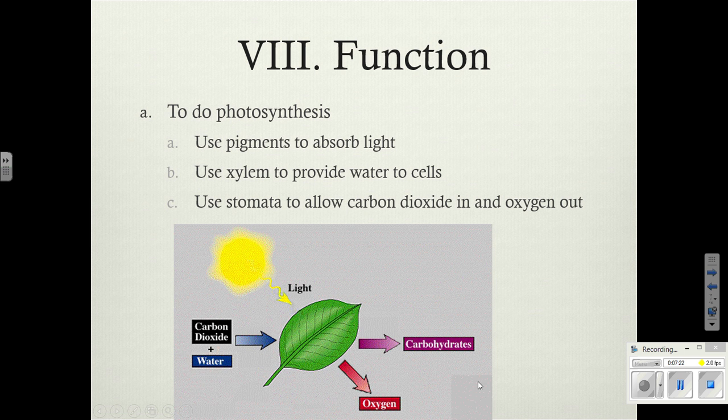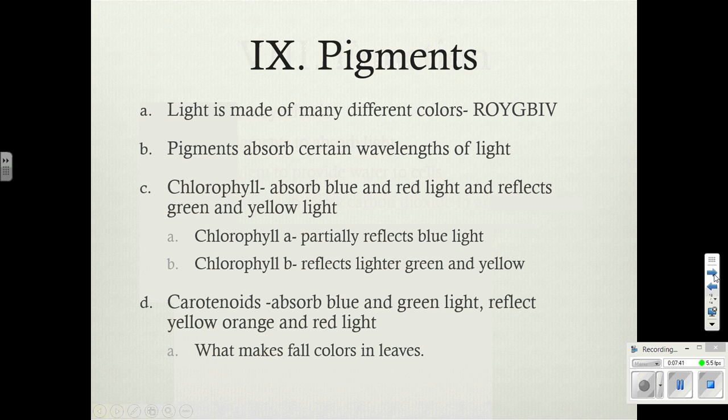For right now, just know that for photosynthesis to occur, we have to have water, carbon dioxide, and sunlight going into the plant. In turn, the plant makes sugar in the form of carbs, and oxygen as a waste product. It'll later use that sugar to make energy.